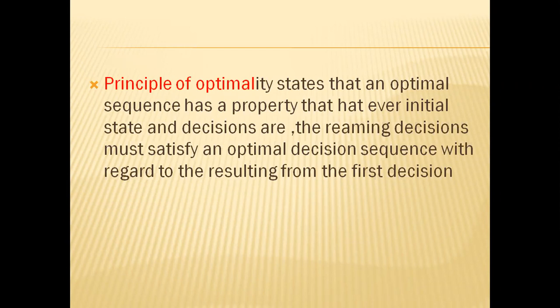But in dynamic programming, by using the principle of optimality, for every decision we must consider the state resulting from the first decisions. So dynamic programming must follow the principle of optimality.